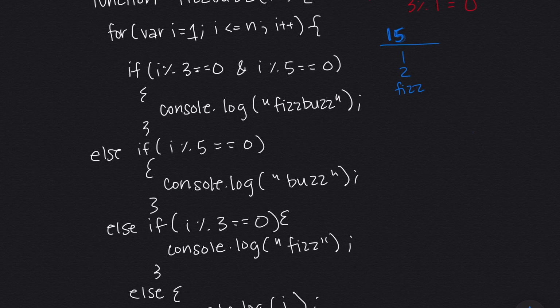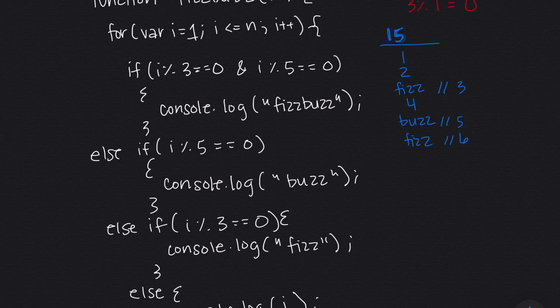And then we're going to continue. For 5, we got a multiple of 5 now. So we're going to say buzz, and the next number is 6, which is a multiple of 3. So we're going to print fizz again. And then I'm going to put a comment so we know what numbers these are.